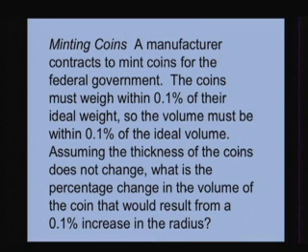Assuming the thickness of the coins does not change, what is the percentage change in the volume of the coin that would result from a 0.1% increase in the radius? Pause the video while you work on this problem, and when you're finished, restart the video to check your solution.